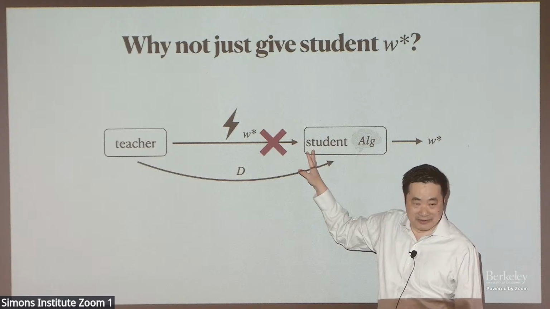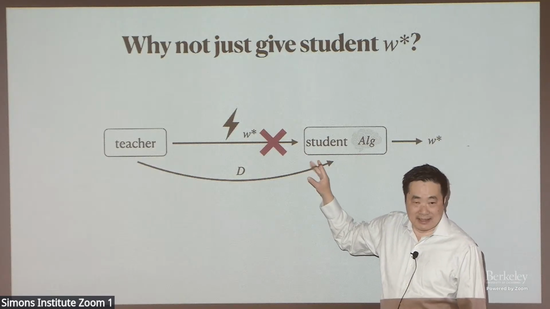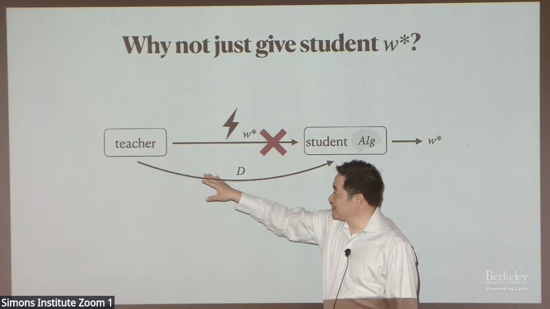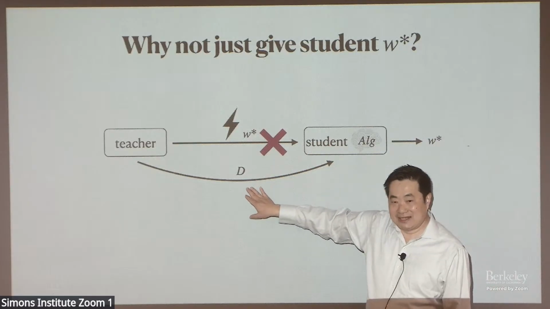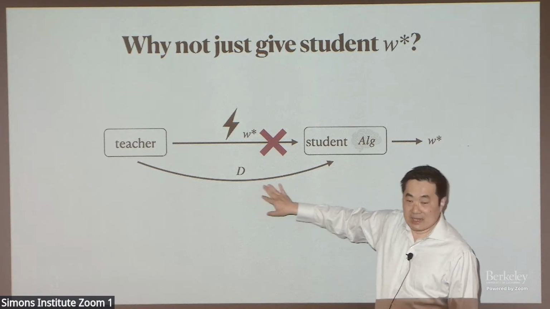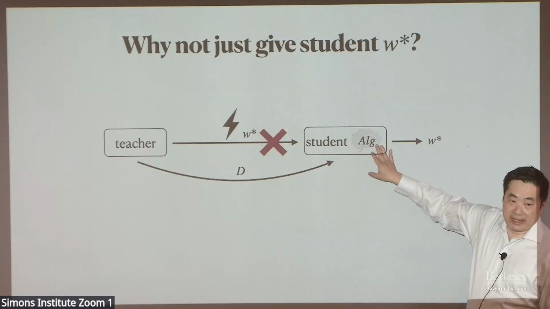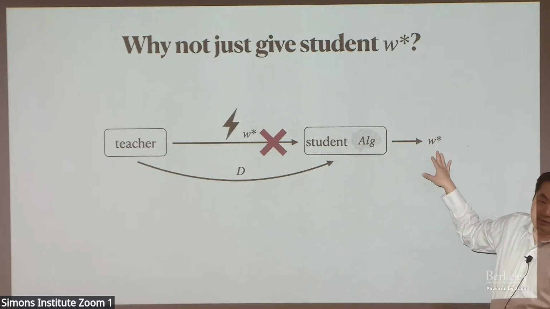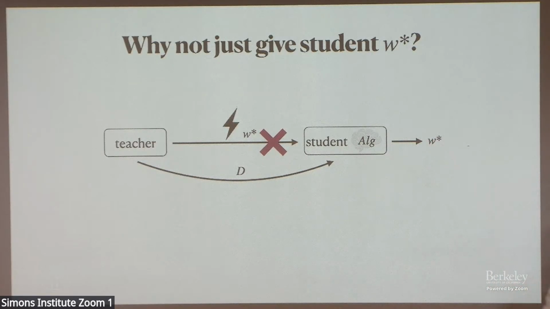People are working toward that, but not yet. It's much easier to just give the student teaching experience. This is what we went through as students: lessons, exercises, and so on, so that the student applies the learning algorithm and rewires its own brain. So that was one motivation for why not sending W star directly.